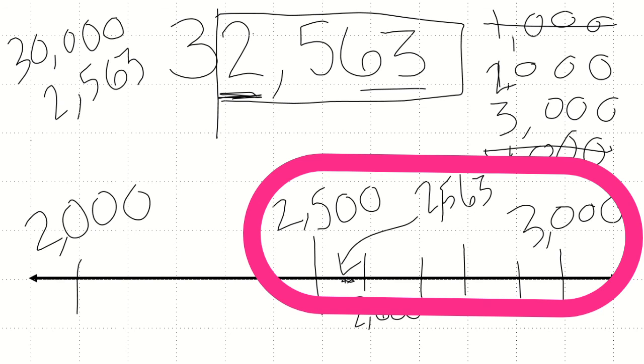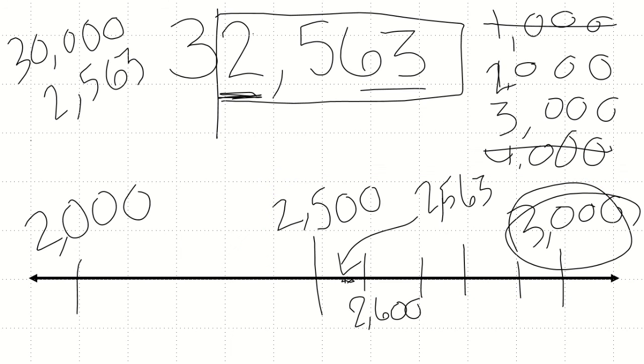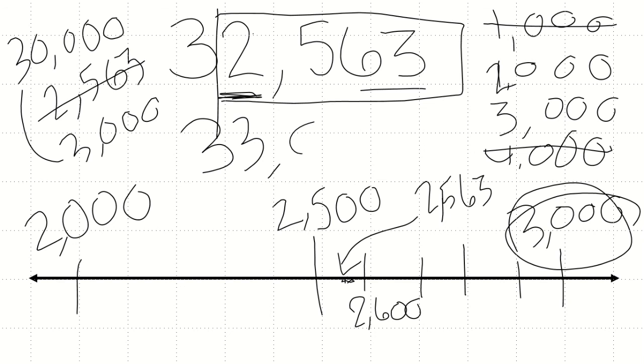So I would round this to 3,000, since it's closer to this half. So now I am rounding that up, so it becomes 3,000. And then I put it back together with that 30,000 that we started with, which brings me to 33,000. That is what we rounded the number to the nearest thousand.